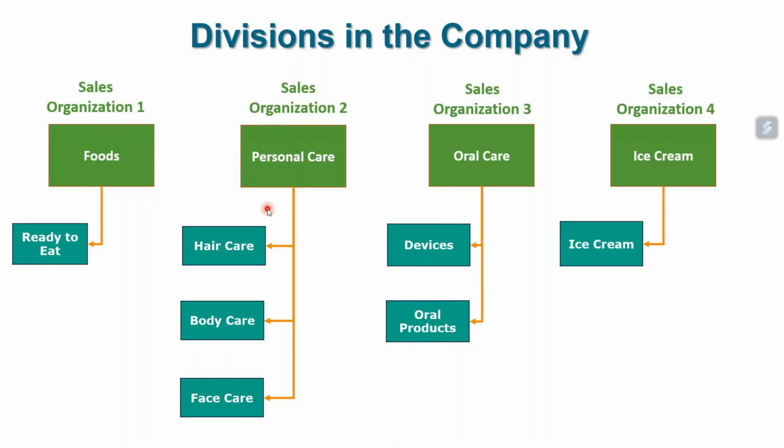And you could have one to one, like in the case of ice cream, or you could have one to many, where personal care has to be broken down properly because this is such a large category that you would not want a personal care here as well, right? And with the category growing each day and people recognizing products by their nature, therefore you need to break them down further as well.